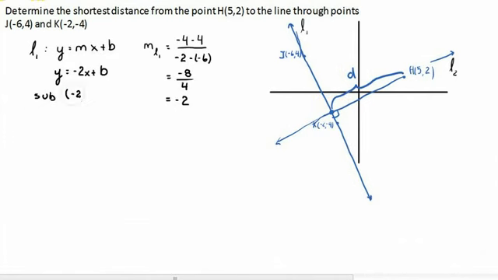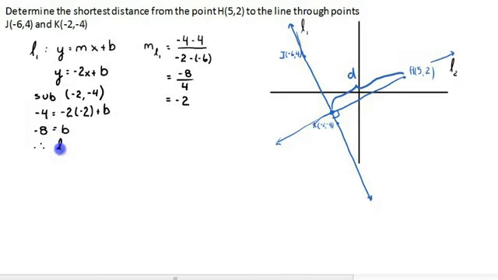So let's sub (-2, -4) in, and let's find b. So we get -4 is equal to -2 times -2 plus b. And we rearrange this, we get -8 is equal to b. Therefore, line 1 is the equation y equals -2x minus 8.